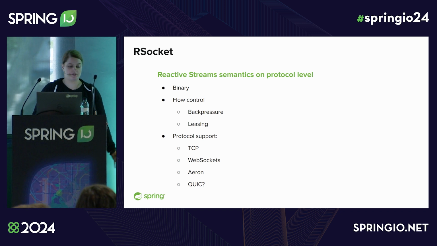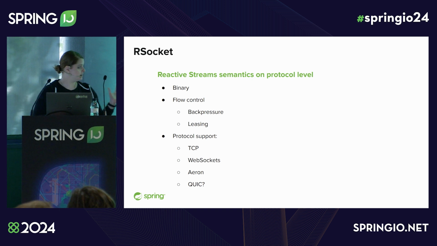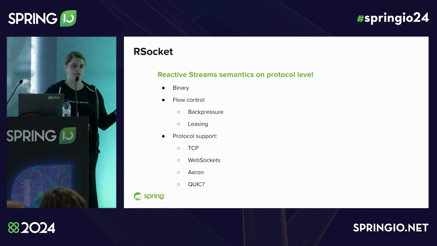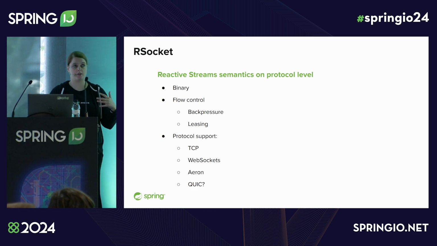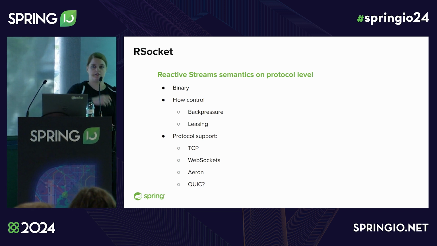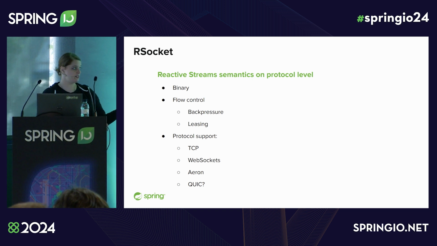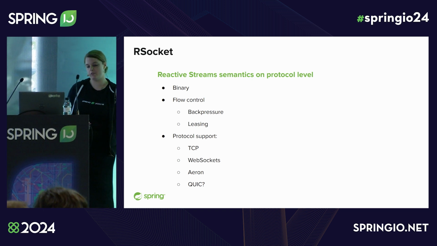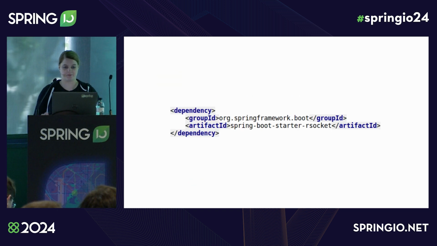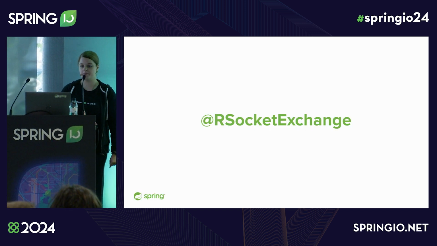So I always try to advertise RSocket because it's very performant and not difficult to use, because Spring provides full support. You will see the interface clients, which make it super easy. And on server side, you can use the message mapping annotations, similar to the ones you use in messaging, to handle it on the responder. And it's very easy. So you will need the Spring Boot starter RSocket.